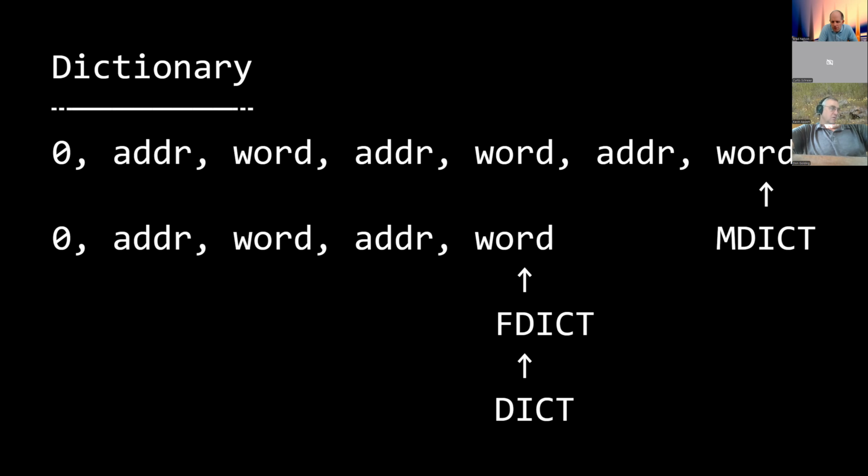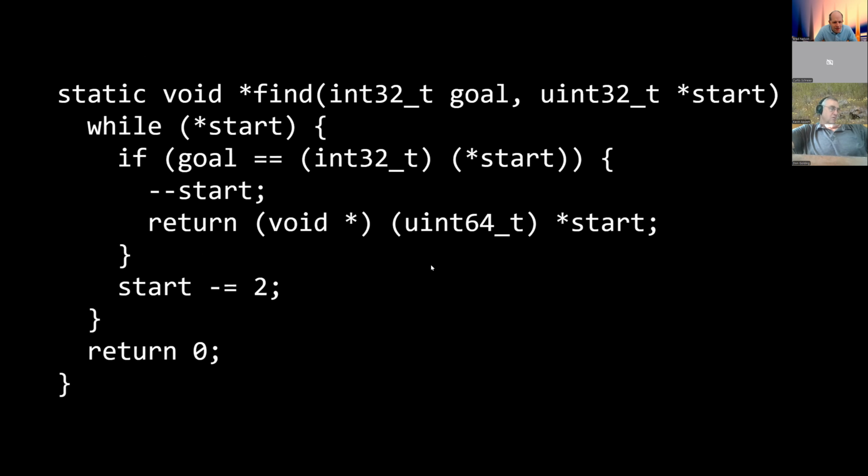And then there's a pointer to which of the active vocabularies, whether the Forth vocabulary or the macro vocabulary. And then for find, I'm able to just have the C interpreter understand how to walk this dictionary, look for a particular word, and then jump there.